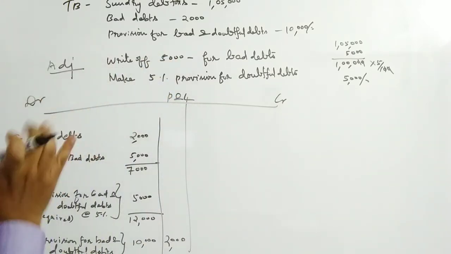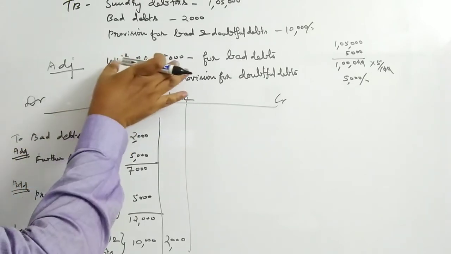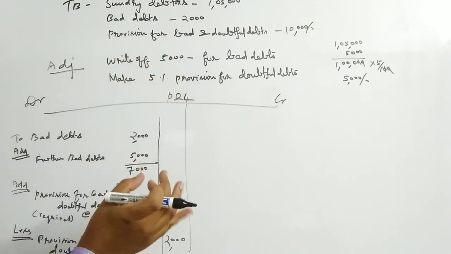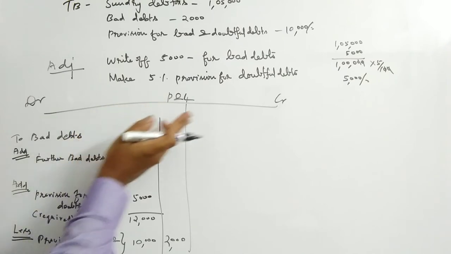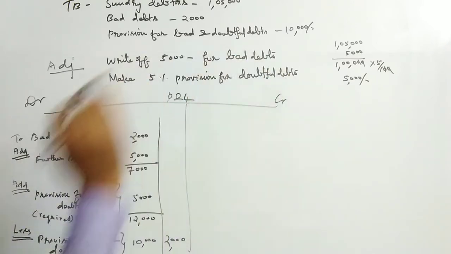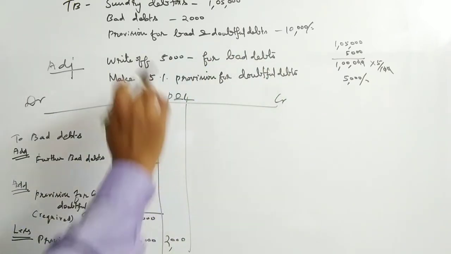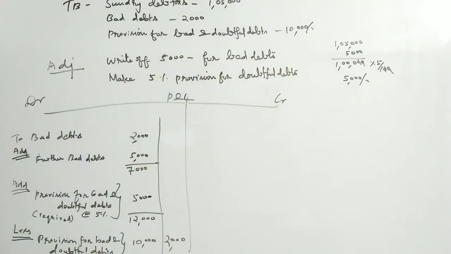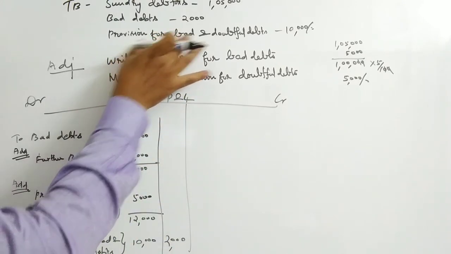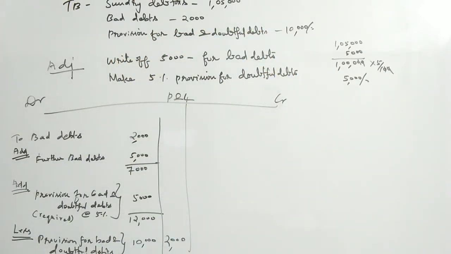So what we have concluded is that we need to make further bad debts, as well as make the provision up to this value after adjusting this further bad debts. So here the new required value is 12,000. Already we have a provision of 10,000. That's why we are writing the balance at the outer column.